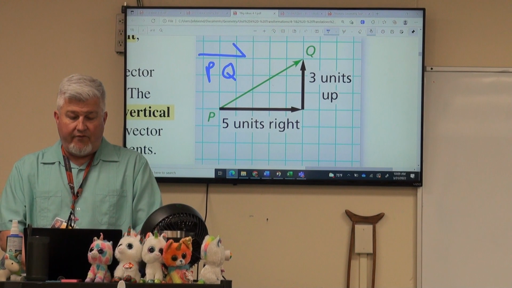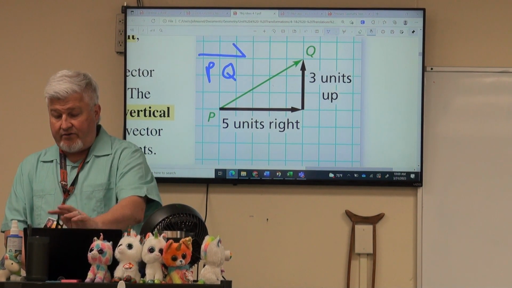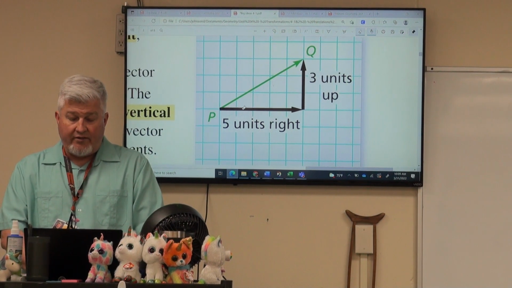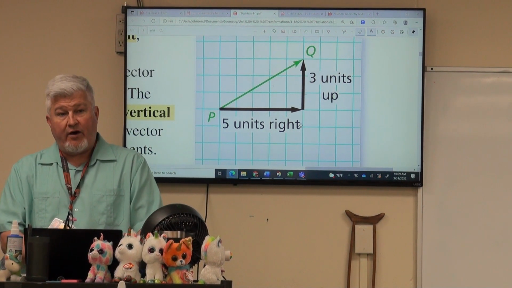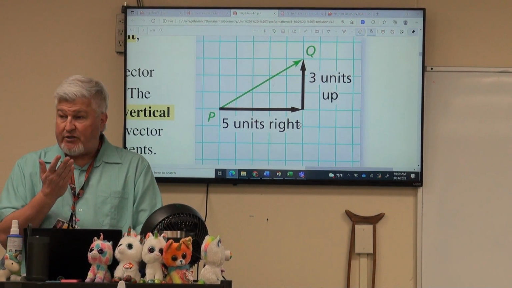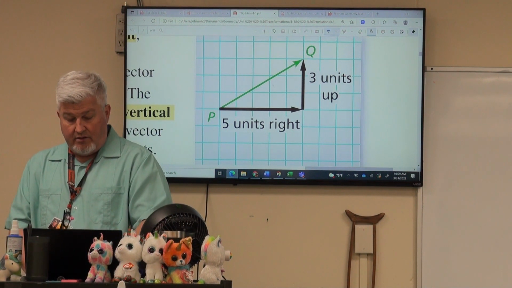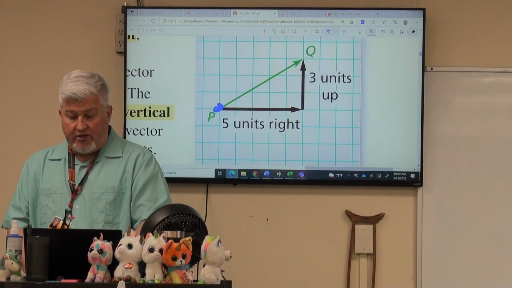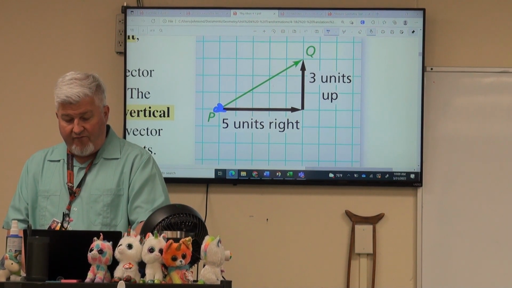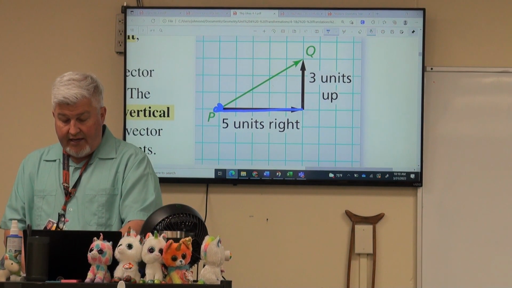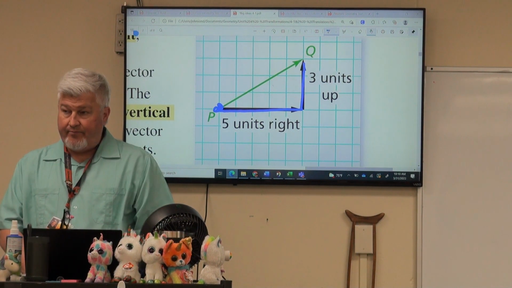Okay? Now, if you listen to what I said at the beginning, vectors have magnitude and size. And so the way you determine their magnitude is by how they move on a coordinate plane. So this particular vector, when we start at point P and we go to point Q, you can see that first you go 5 units to the right, and then you go 3 units up.